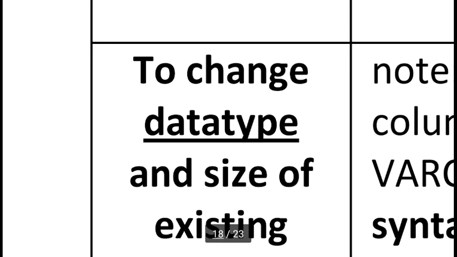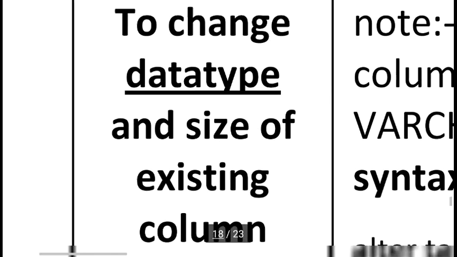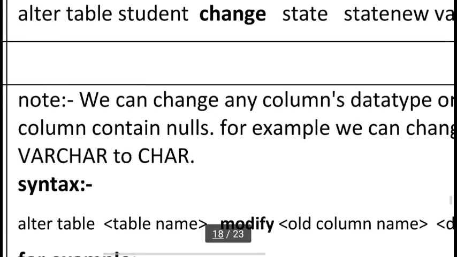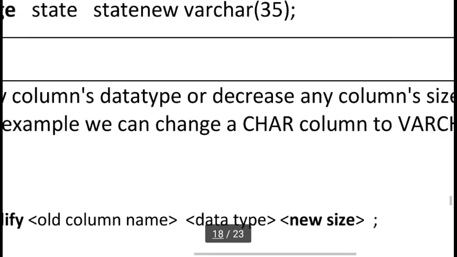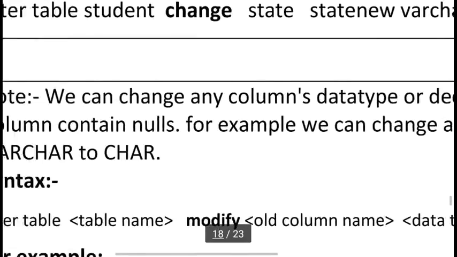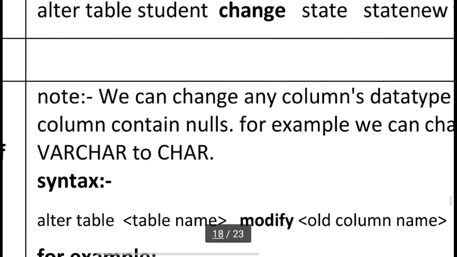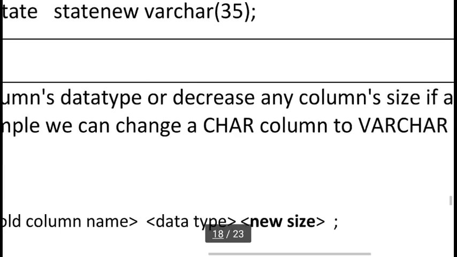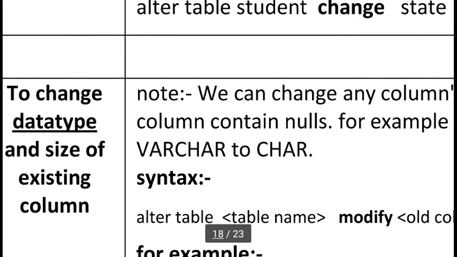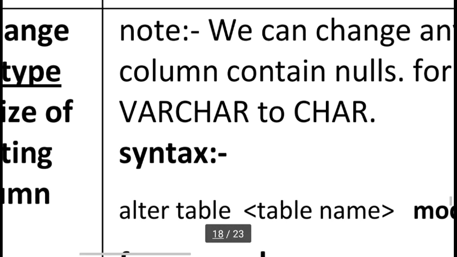There are many things we can perform to change the data type and size of an existing column. The new thing is that we can also change the data type. Note, we can change any column's data type or decrease any column's size if the rows for the column contain nulls. For example, we can change a CHAR column to VARCHAR and a VARCHAR column to CHAR.